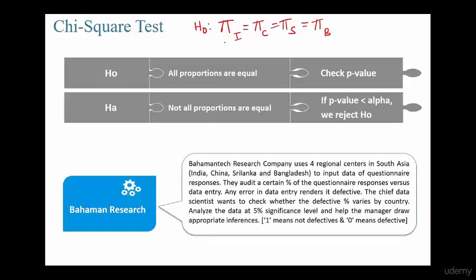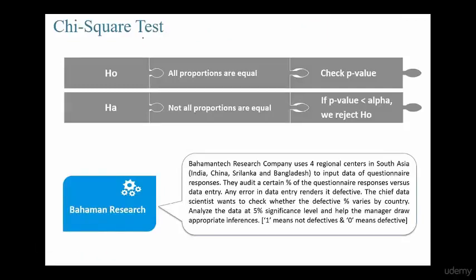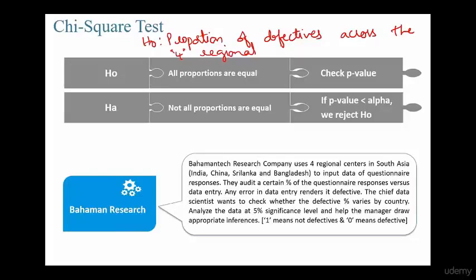You can write it in that way, or you can say that proportion of defectives across the 4 regional centers is the same.